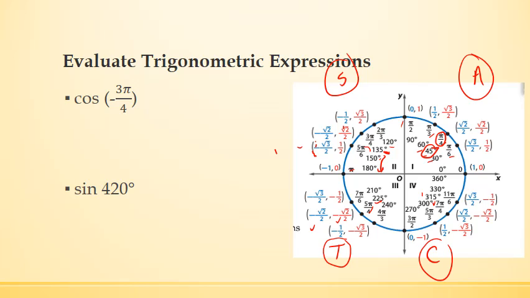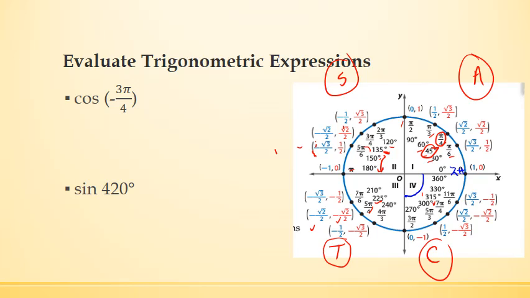So let's see, here we're being asked to find the cosine value of negative 3 pi over 4. Now if we're talking about a negative angle, that means we're going clockwise around the circle. So we're coming from the origin, or where the value is 0 degrees or 2 pi, and we're going in a clockwise direction, so if we're coming here, that would be pi over 2.